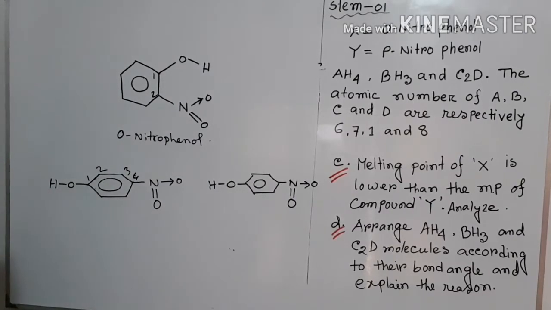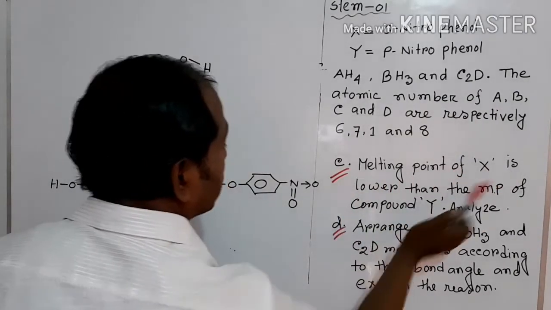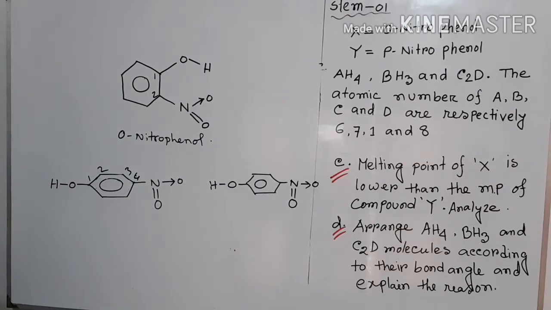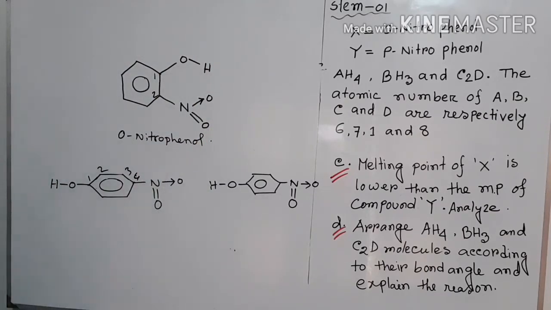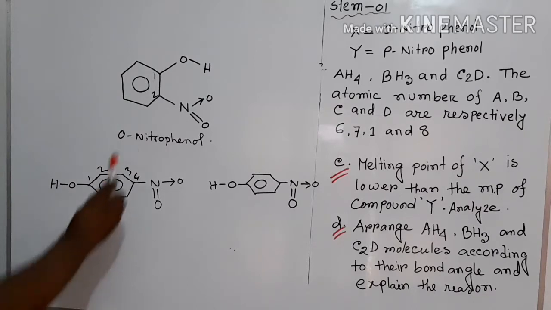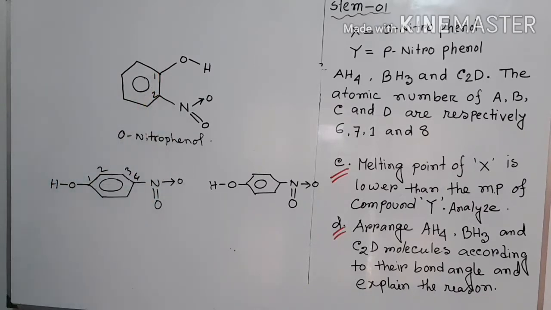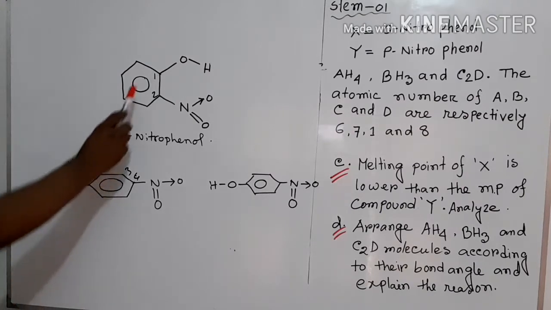Now, question number C. The melting point of orthonitrophenol is lower than the melting point of paranitrophenol. Where this one is orthonitrophenol, the hydroxyl group and nitro group are located at 1 and 2 positions.